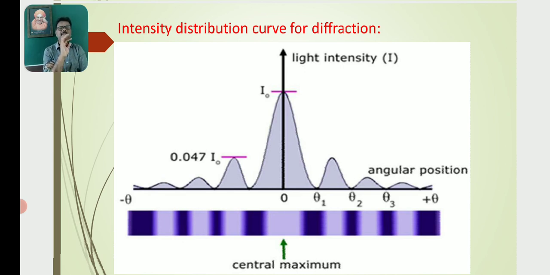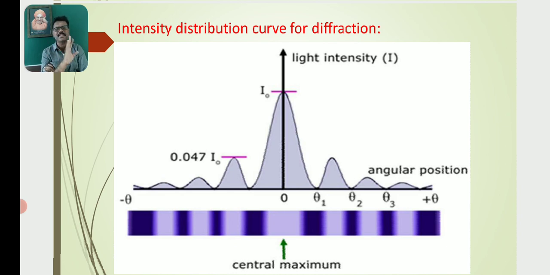From this graph we conclude that the diffraction pattern consists of a central brightest fringe, the central maximum. The central maximum is surrounded by alternating secondary maxima and secondary minima.